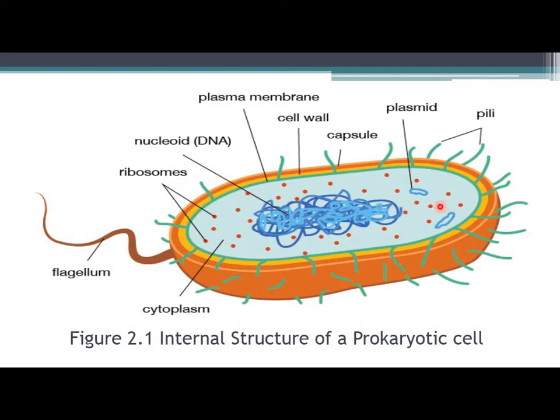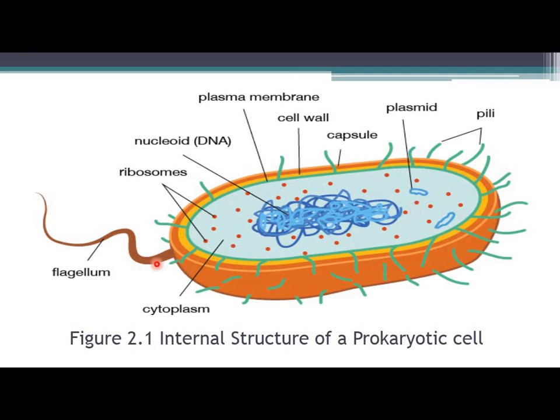They also lack most of the membrane-bound organelles present in the eukaryotic cell. However, the prokaryotic cell has cytoplasm. This is the cytoplasm, the light blue part, where the other components are suspended.